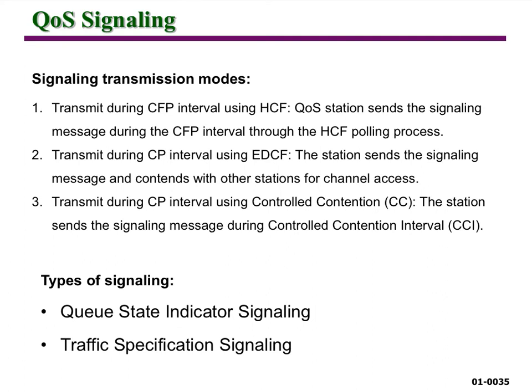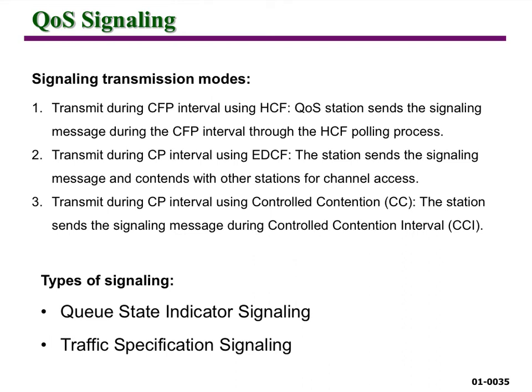So a very simple way of expressing your requirements is just by sending the state of that queue. If this queue is empty, you send to the hybrid coordinator saying that the queue is empty. The hybrid coordinator will interpret this as very low requirements from this node.